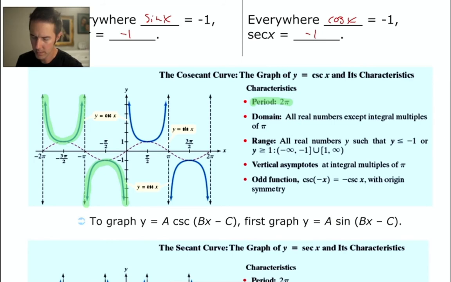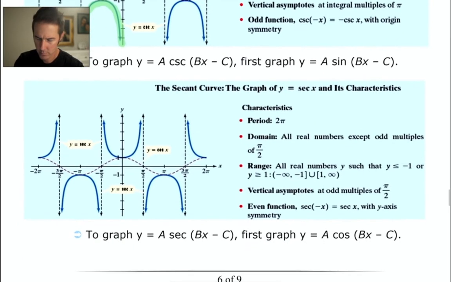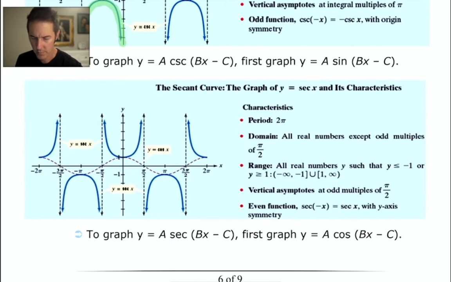Cosecant is, I've never seen this before. Cosecant is an odd function because it has origin symmetry. Secant, however, is an even function. I'm going to leave a note in the comments because I just realized, and I'm embarrassed, I've been teaching this for a little while now.